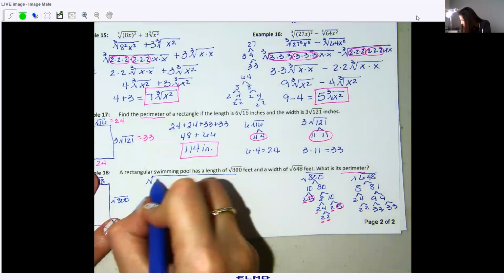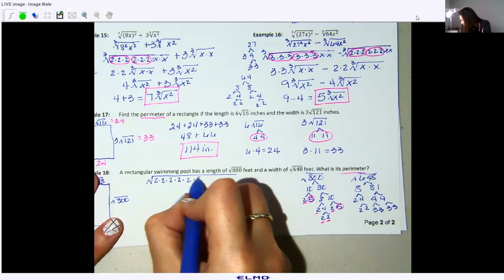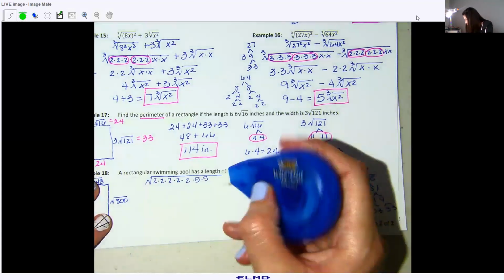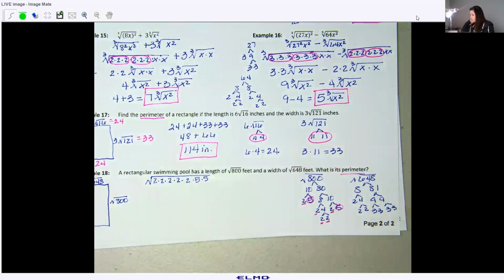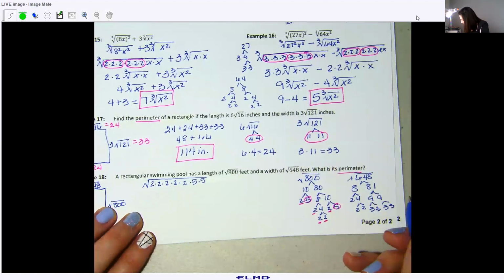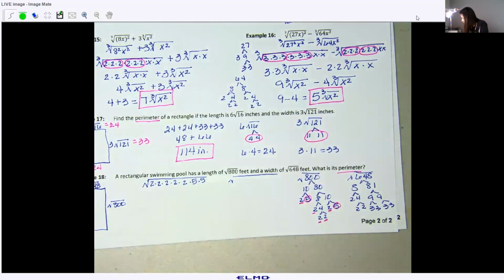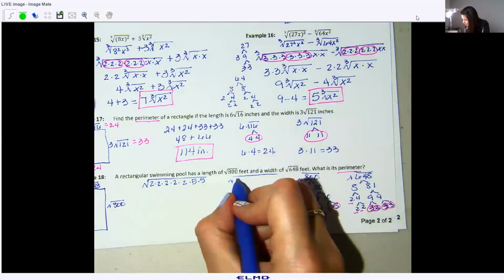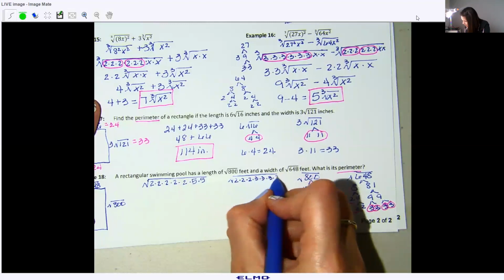So there we go. Okay. And then for my 648, I have 1, 2, 3 2s and 1, 2, 3, 4 3s.